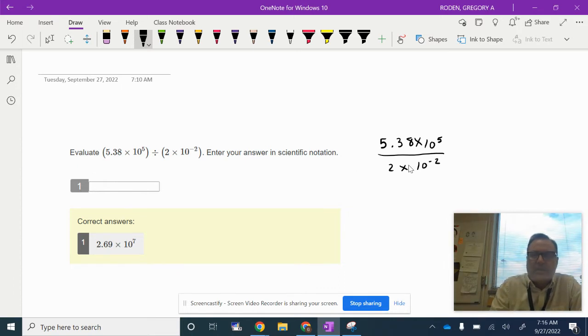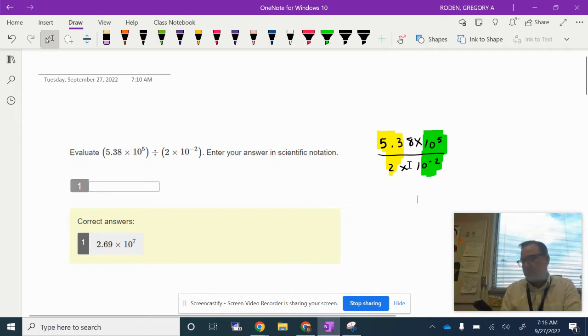Okay. Now, the next thing you're going to do is you have a two-part problem here. So we can divide those two, and we can use our exponent rules on this one right here. Grab my calculator just to make this quicker.